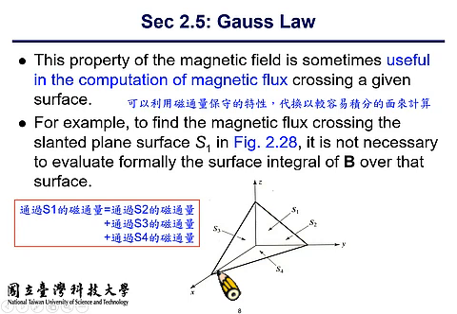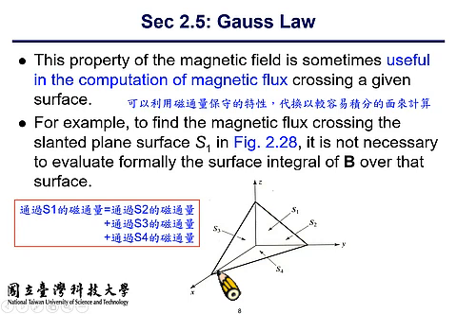All right, and the other property associated with the closed surface integral for Gauss's law is that we can use the property that the computation of magnetic flux crossing a given surface can be replaced with another surface that has the same boundary, the same contour.